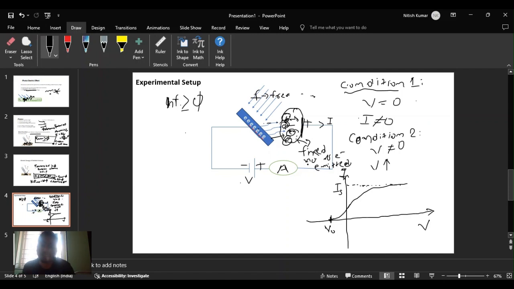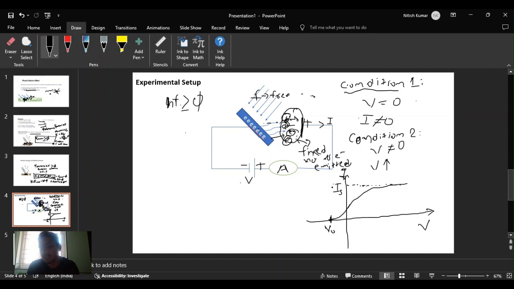To increase this current, we can increase the intensity of the light. We cannot change the saturation current by increasing the potential.